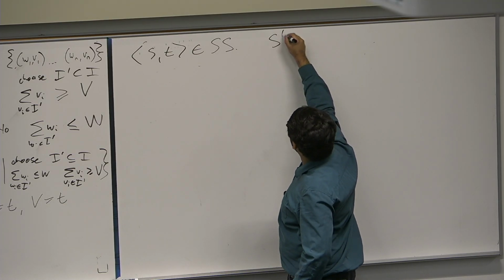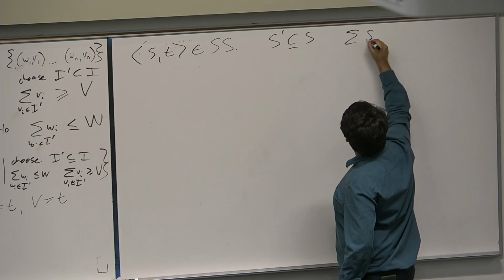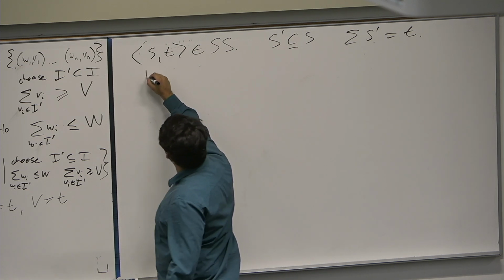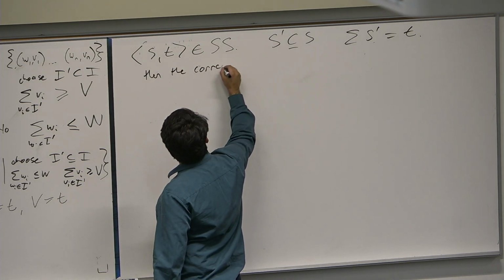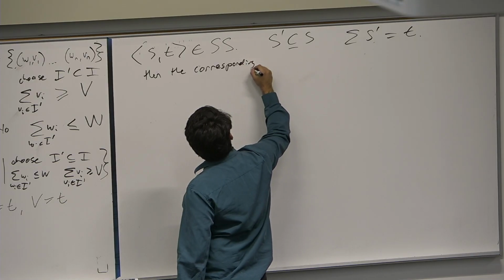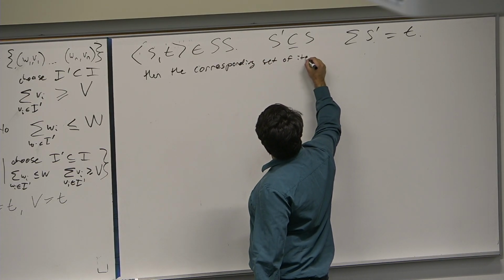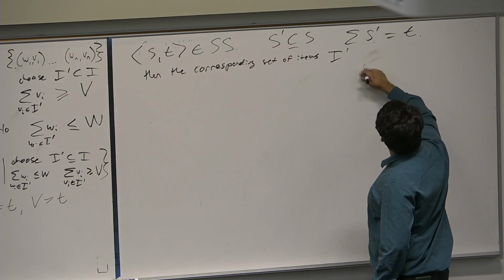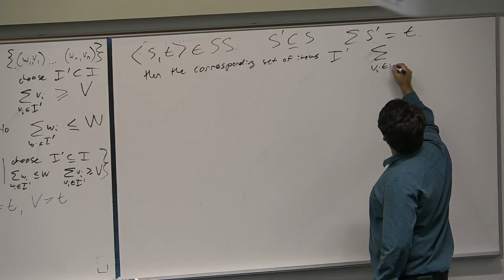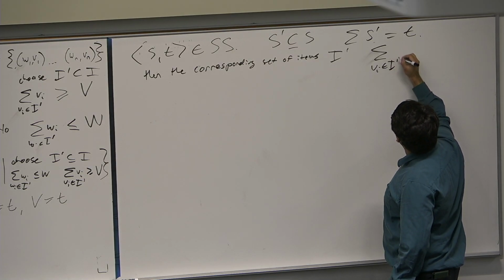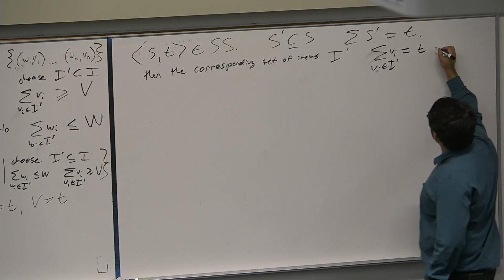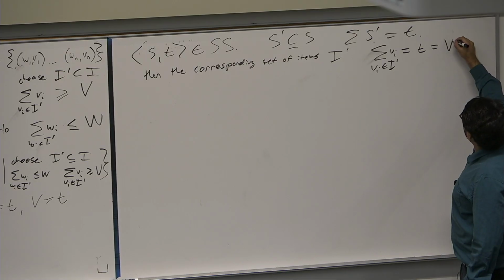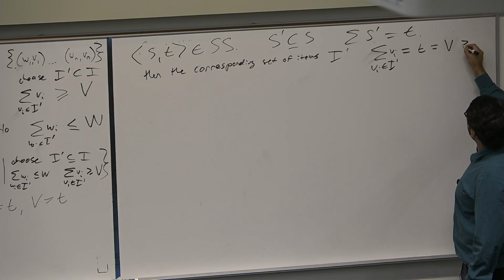Then there exists a subset S prime of S such that the sum of S prime is equal to the target T. Then the corresponding set of items, I prime, has the fact that the sum of vi in I prime sums exactly to t, which is equal to W, V, which is in fact greater than or equal to V, right?